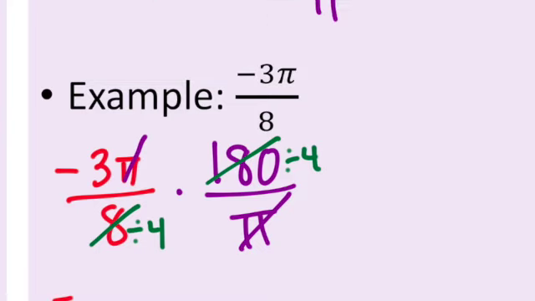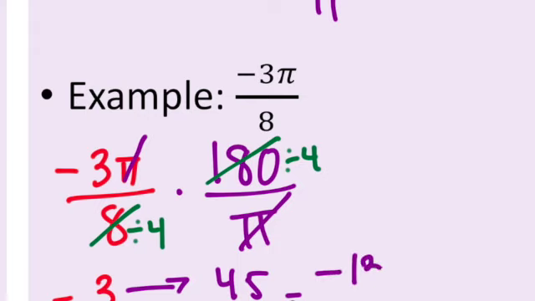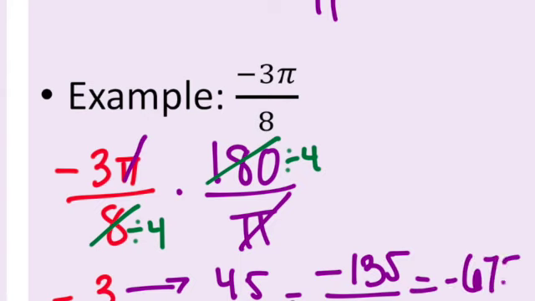So this is going to become negative 3 pi over 2, and then times 45 over, oh, I'm sorry, the pi's got canceled, so no more pi. So 45 over just 1, right, since the pi canceled out. And now we can just multiply straight across. So negative 3 times 45 gives me negative 135. And then 2 times 1 gives me 2. Let's divide that out, and I end up with negative 67.5 degrees.